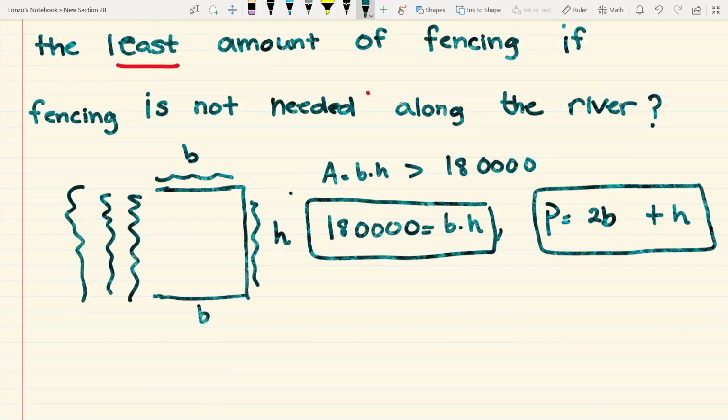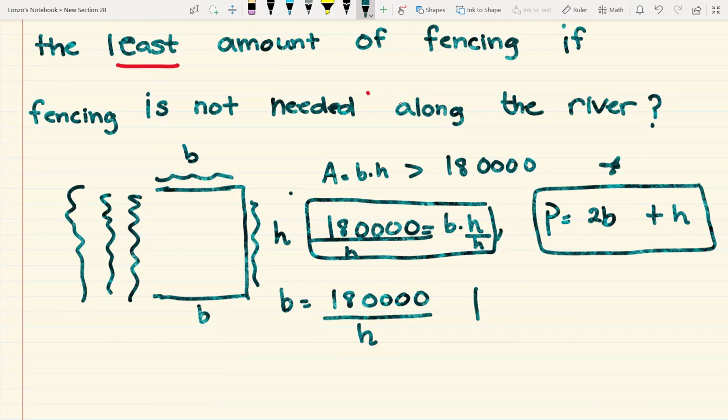So let's solve for b by dividing everything by h. So b equals 180,000 all over h. Then we just substitute our b value into this one right here.